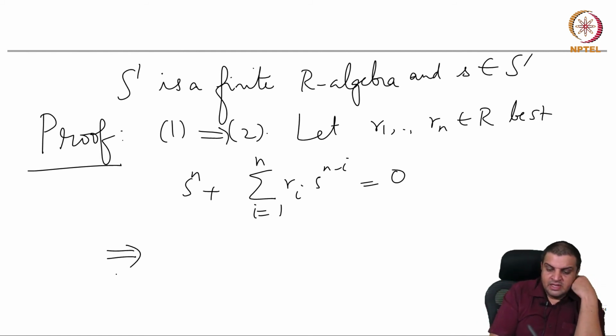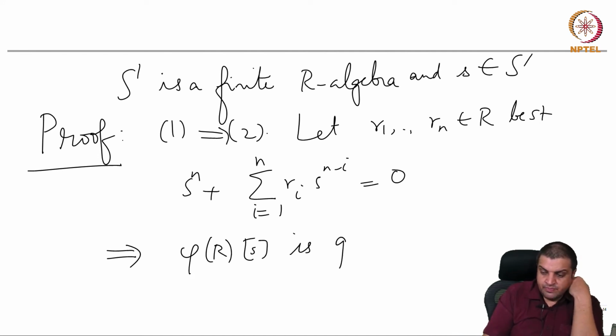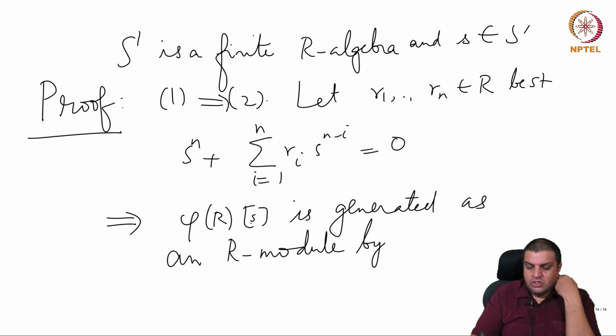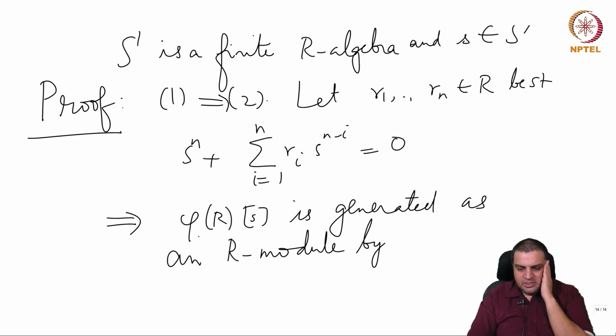This implies now that phi R adjoint S is generated as an R module by, so think of it as a polynomial ring.